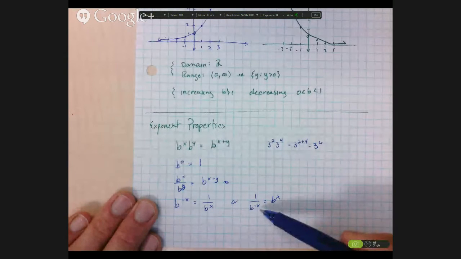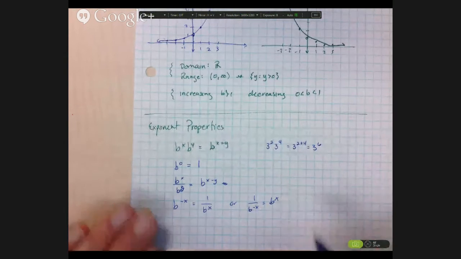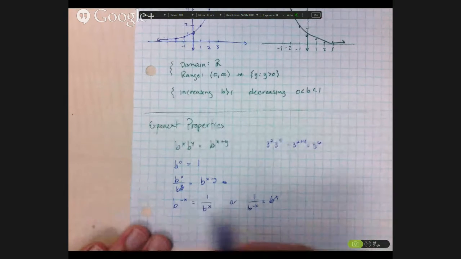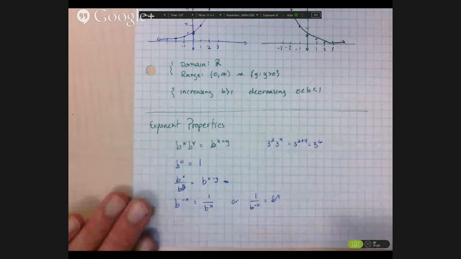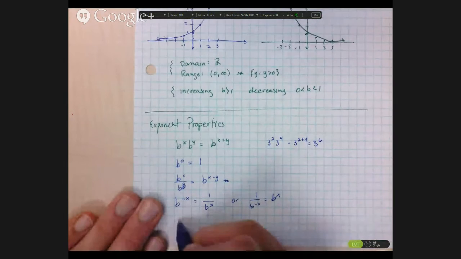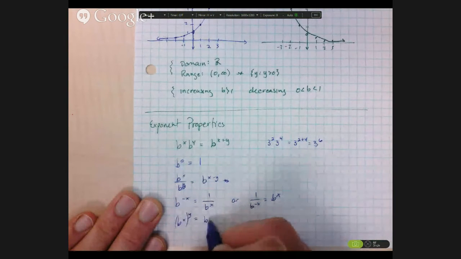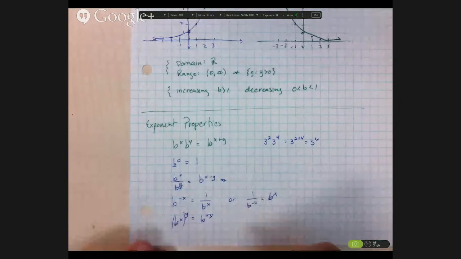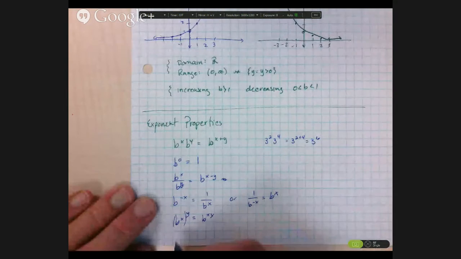Or if the negative's on the bottom, it means bring it up to the top. So basically that's just telling you do the opposite. Okay. Power to a power means multiply the exponents and roots.